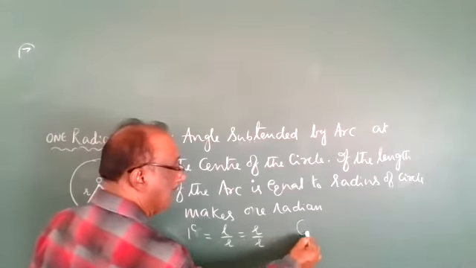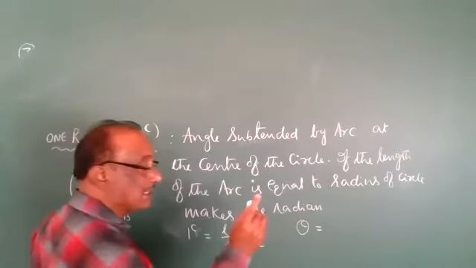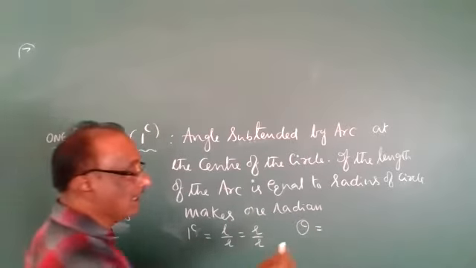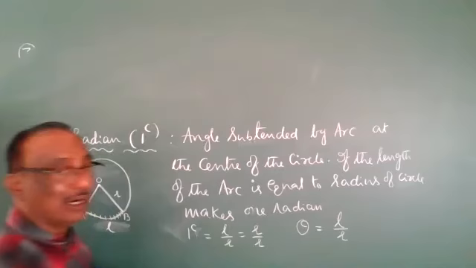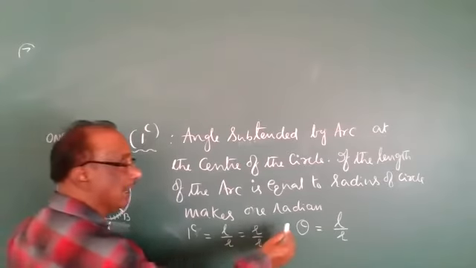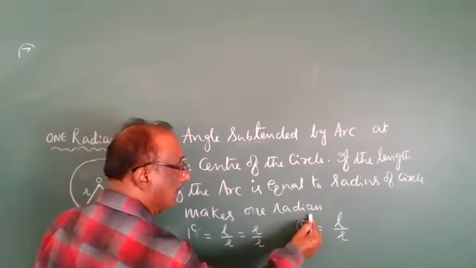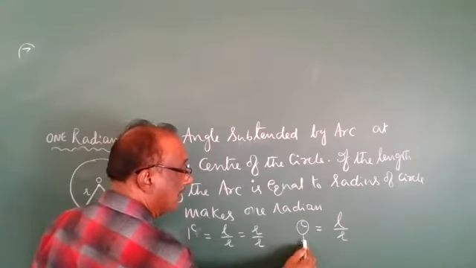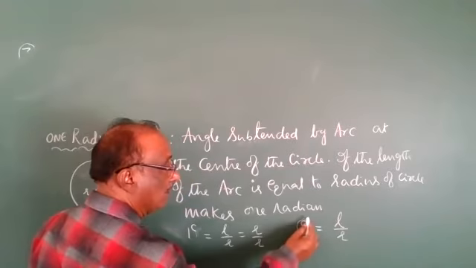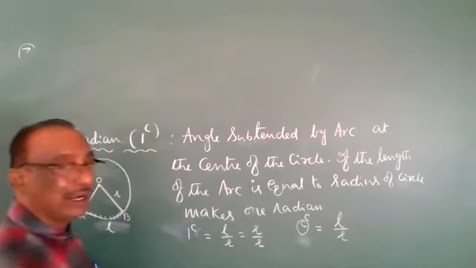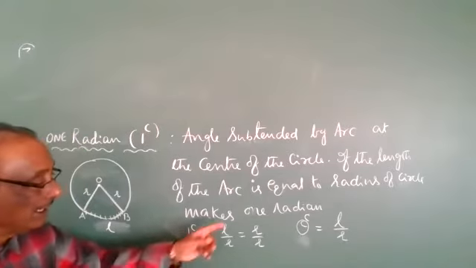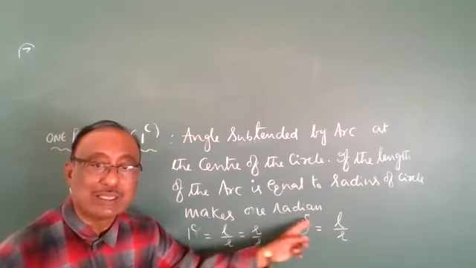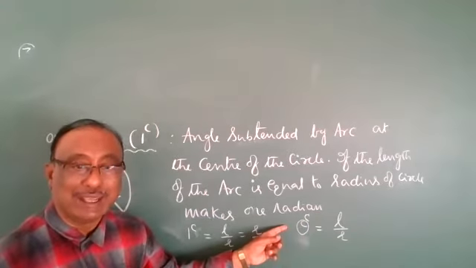Theta in radians is always equal to L by R. If both are not equal, then theta in radians is still L by R. If L is equal to the radius, it becomes 1 radian.